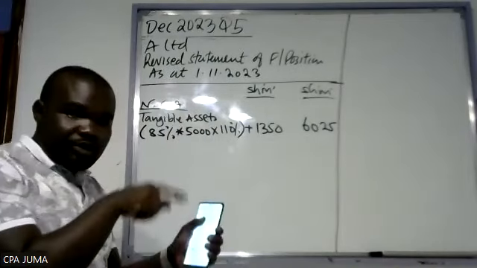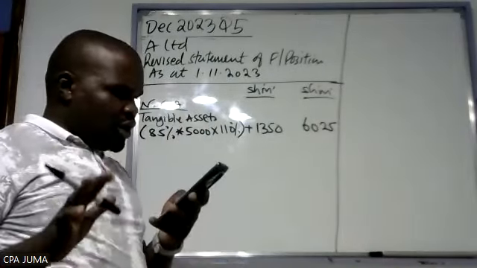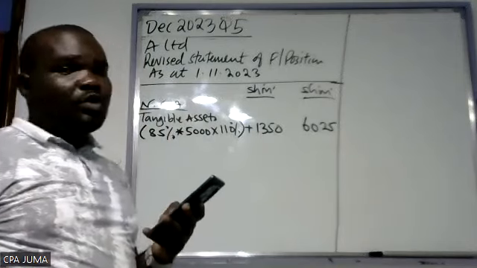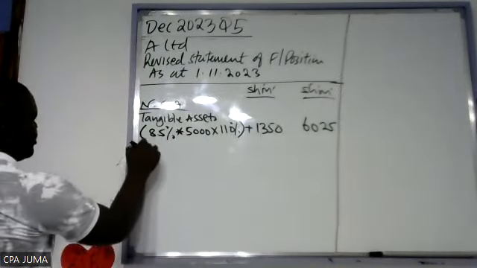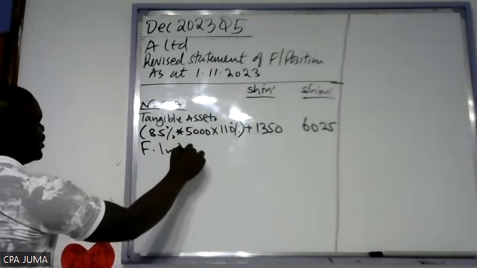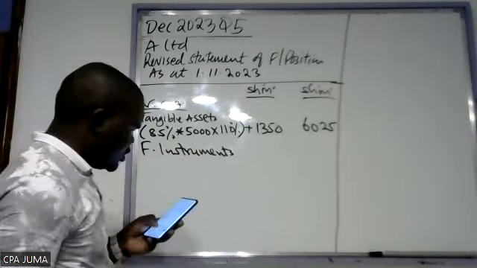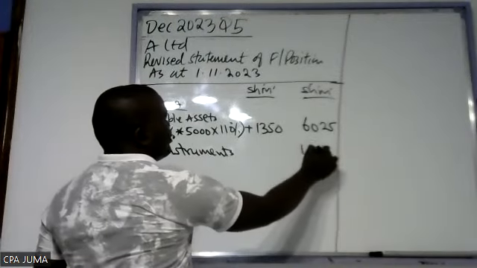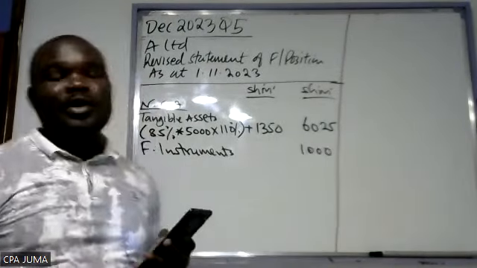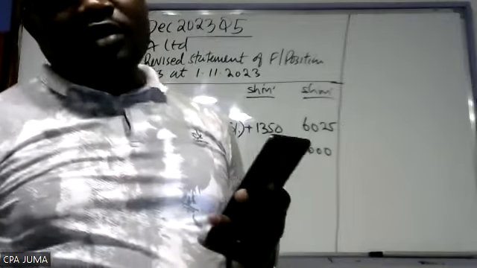We proceed, hold that one, but the one which was not affected, financial instruments, there was no effect at all. 1,000.